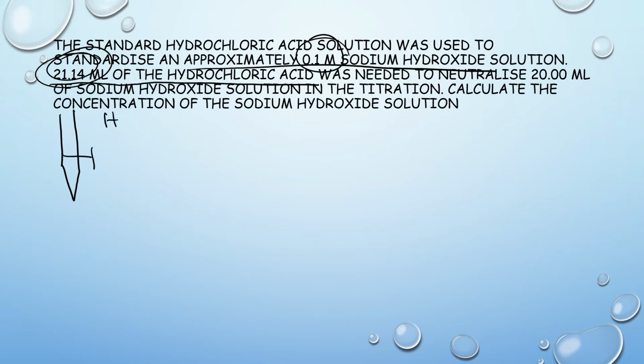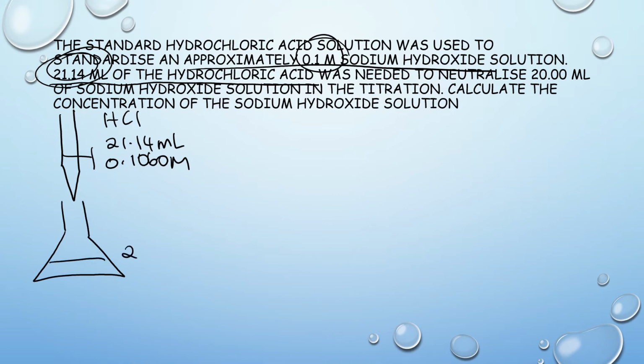So our burette contained 21.14 ml because it's a variable volume. Its concentration, which we worked out previously, was 0.1060 molar, and this reacted with 20 ml of sodium hydroxide. Now we know the sodium hydroxide is in the conical because it's an exact volume.